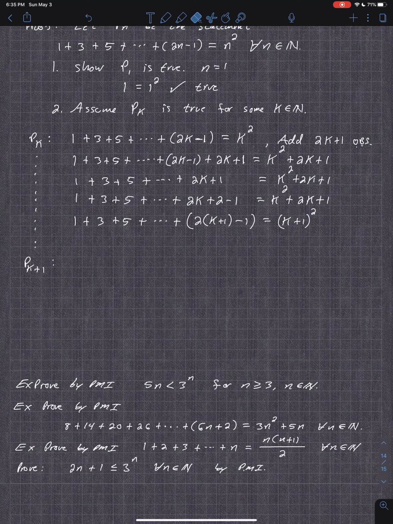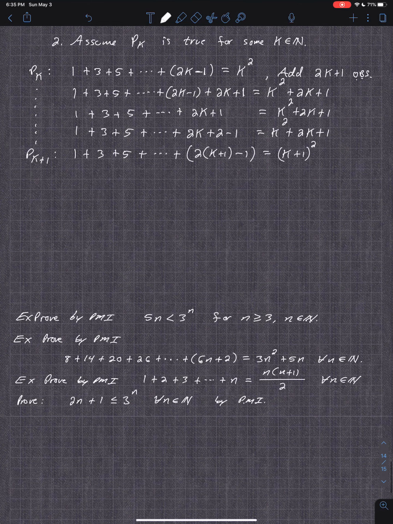That is your k plus 1. So once you've made that connection, this is P sub k plus 1. There's your implication. They're all equivalent statements. Now you conclude: therefore, P sub n is true for all n in the naturals.